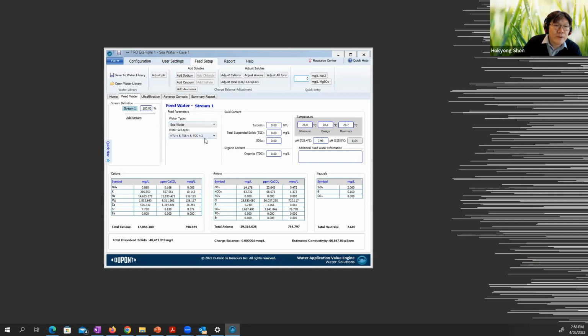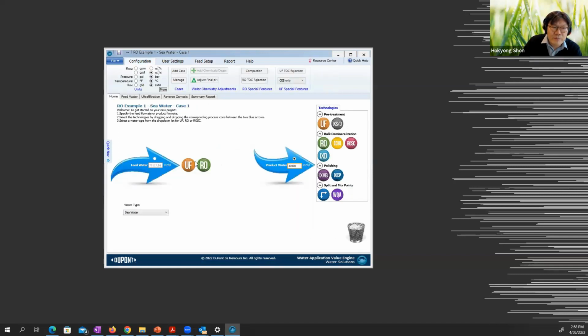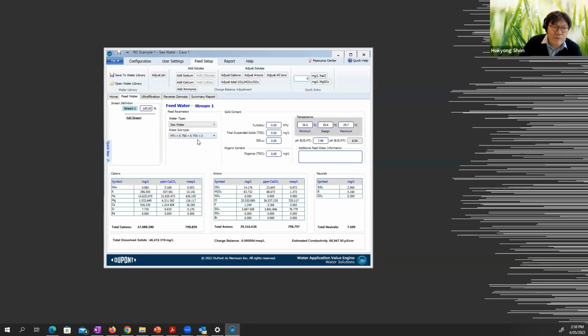So depending on the NTU, right, TOC less than 2, which means we have a low value, we have the best water quality. So you can select based on your pretreatment system. Yep. And then you will get a good quality of pretreatment to the RO system. So you can select that.